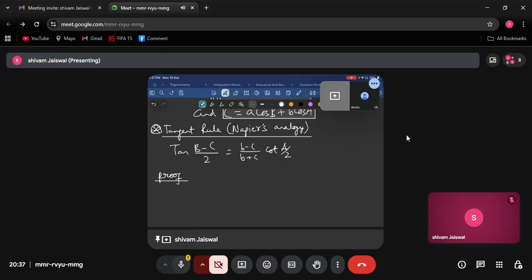By looking at this, what is coming into your head? Which rule is coming into your head by looking at this? B minus C by B plus C?